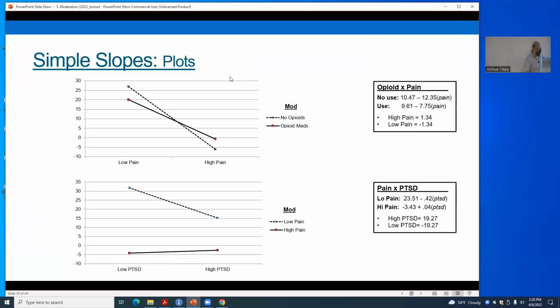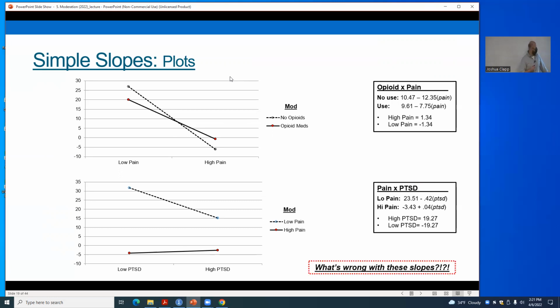Here, we've got a different interaction, right? Here we see individuals with low levels of pain, severity is associated with what we would expect. But if I'm at high levels of pain, my functioning is floored out. PTSD doesn't matter at that point. Okay.